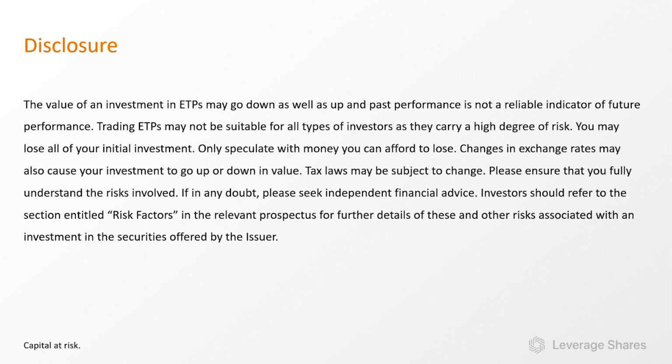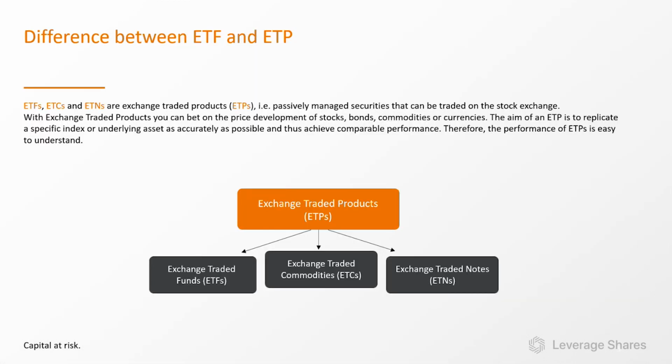So first to start, we all heard the definition of the term ETP. ETP stands for Exchange Traded Products and is a term including three different types of ETPs: ETFs, Exchange Traded Funds, as we all know, ETCs, which is Exchange Traded Commodities, and ETNs, which are Exchange Traded Notes.